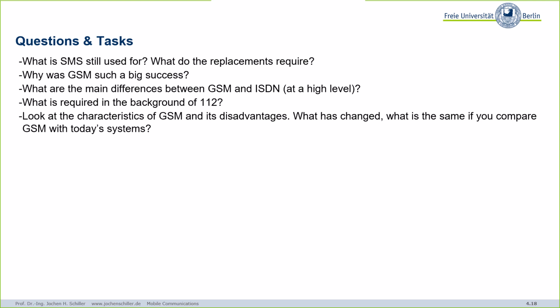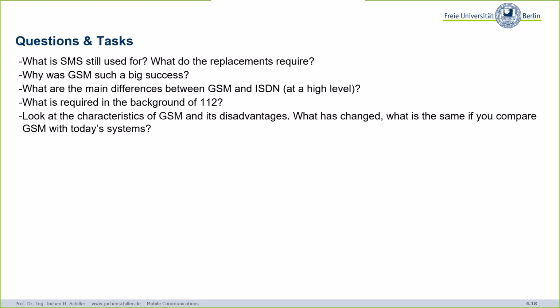So you have encryption over the air, but there's no strong end-to-end encryption. So this is still one of the problems. There are second generation systems with end-to-end encryption, but not GSM. Encryption, and then all the other problems you have using a phone while driving, etc. So these are still the same problems.